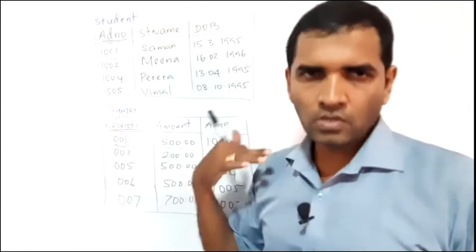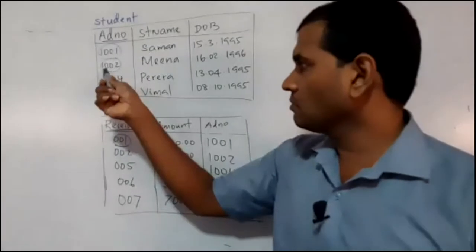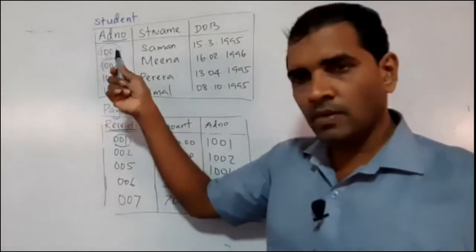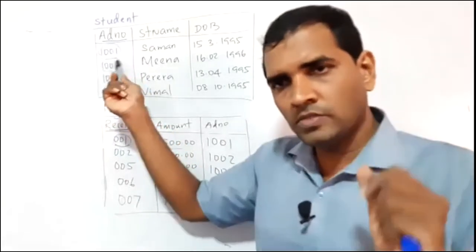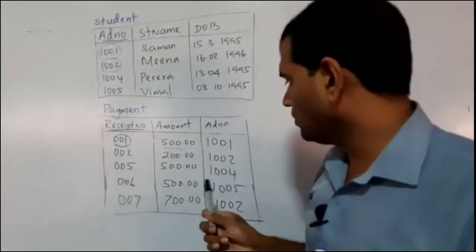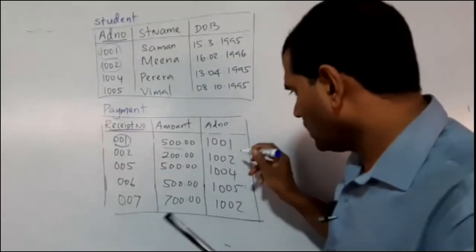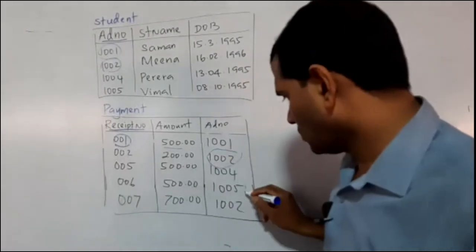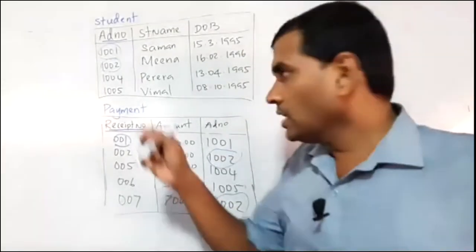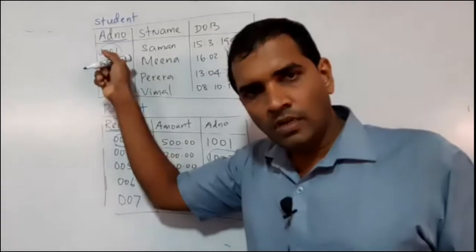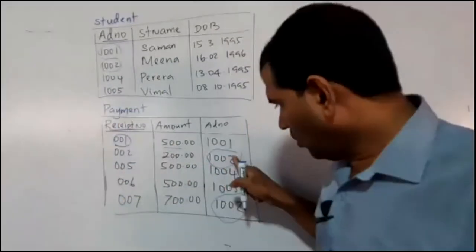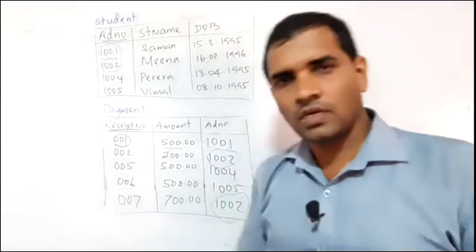So don't stop, go forward. Take another data. I take a data in the student table. Now see how many similar data there are. There are two data. Look, 1002 here and also 1002 there. So the data in the first table has more than one data in the second table.